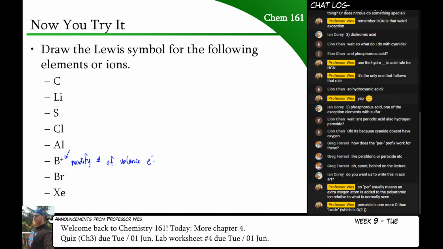All right, let's go over the answers here. I'm going to write out the electron configurations just to show what these are. So here's carbon. There are 4 valence electrons, so we would draw C with 4 dots around it, 1 on each side.